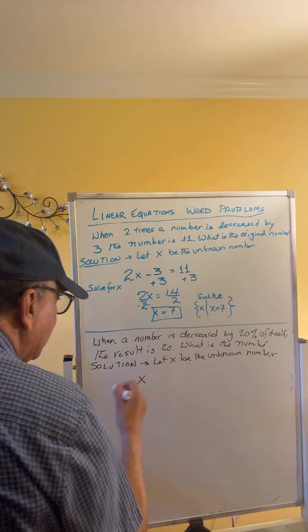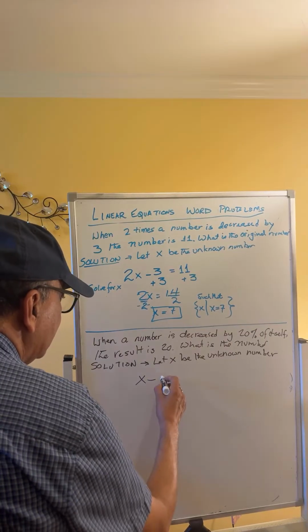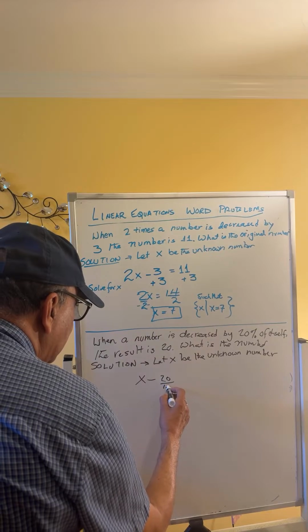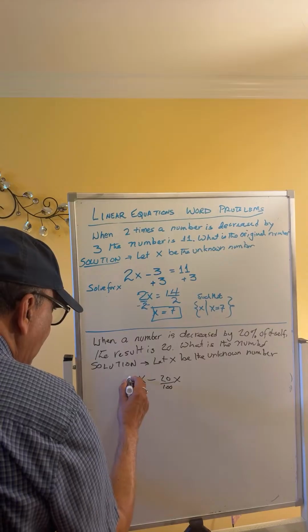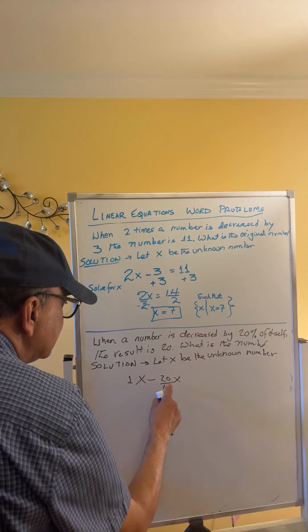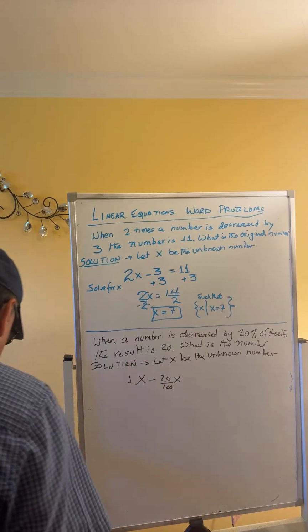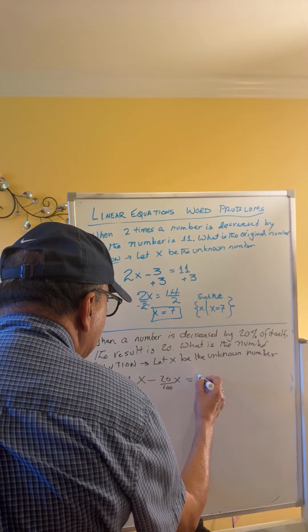So x is the number from which we are going to subtract 20% of x. 20% means 20 divided by 100 times x. So in this case the whole number 1x is reduced by 20 divided by 100 of x, or 20% of x. The result is 20. So that is equal to 20.